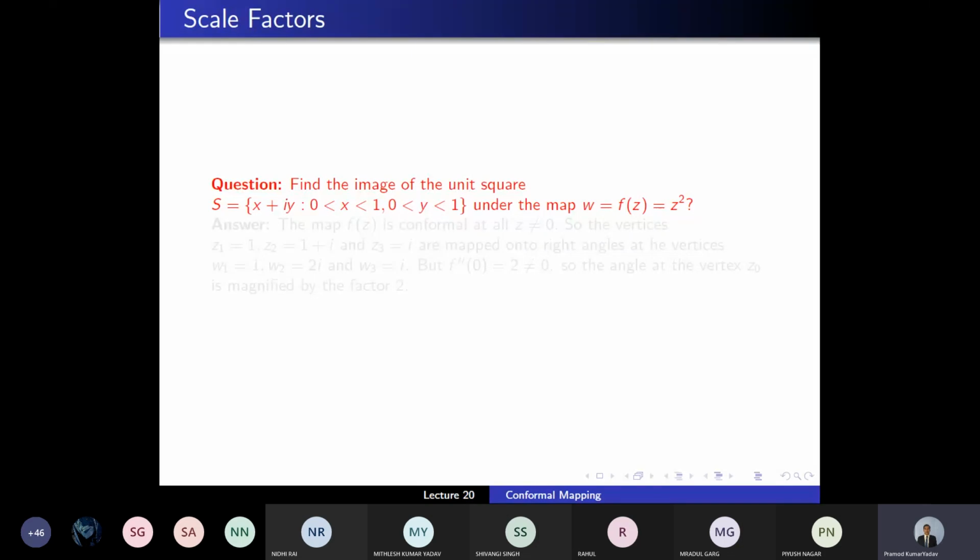Yes, Mridul. Yes, sir. At this point, f dash z will be 0.